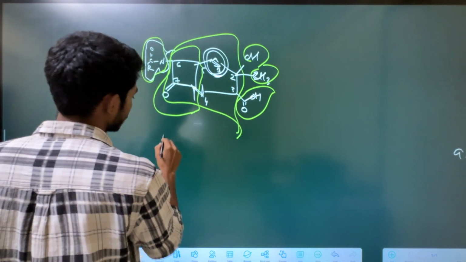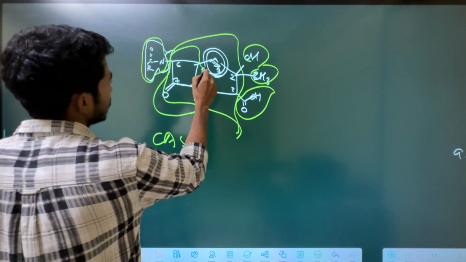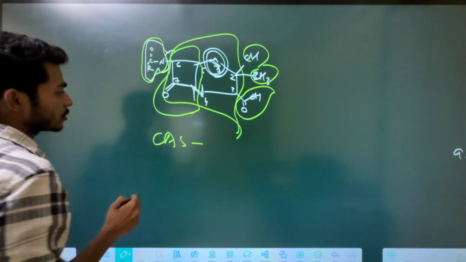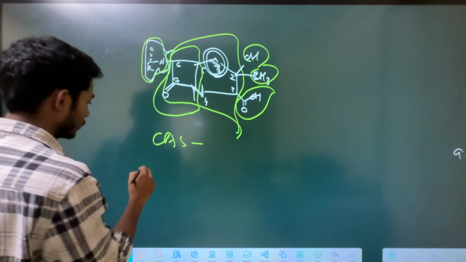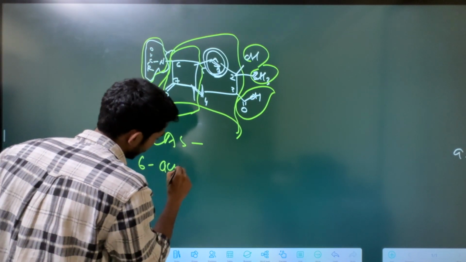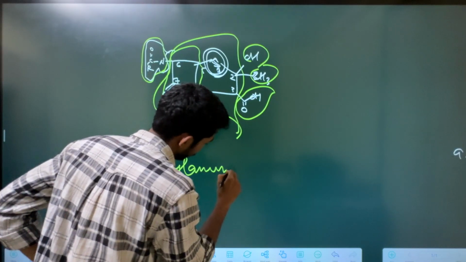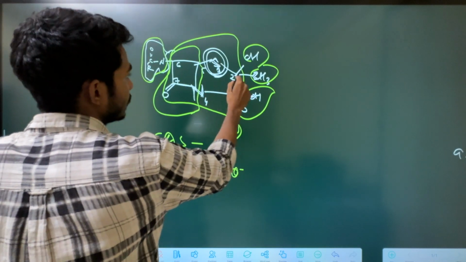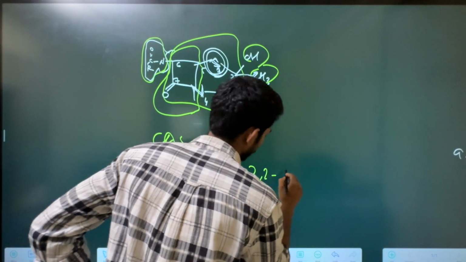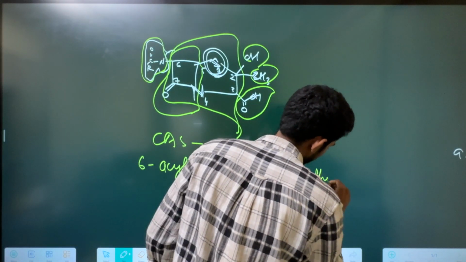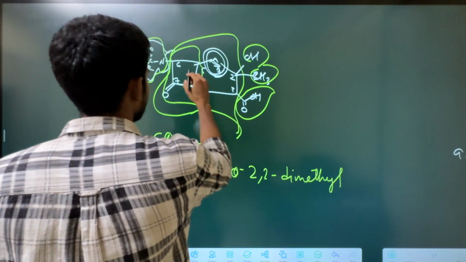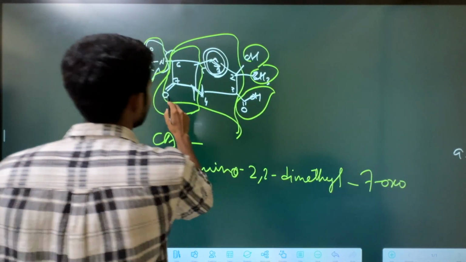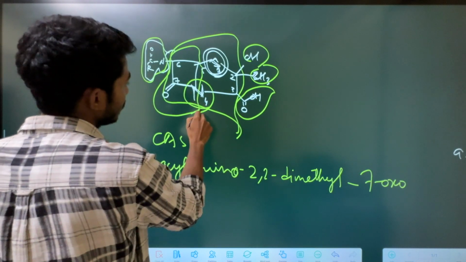In the case of CAS system, numbering will start from sulfur. So 1, 2, 3, 4, 5, 6, 7. So in the 6th position, what is there? Acyl amino. So you write 6-acyl amino. Then 2,2-dimethyl. Then at 7th position, 7-oxo. Then at 4th position, nitrogen.